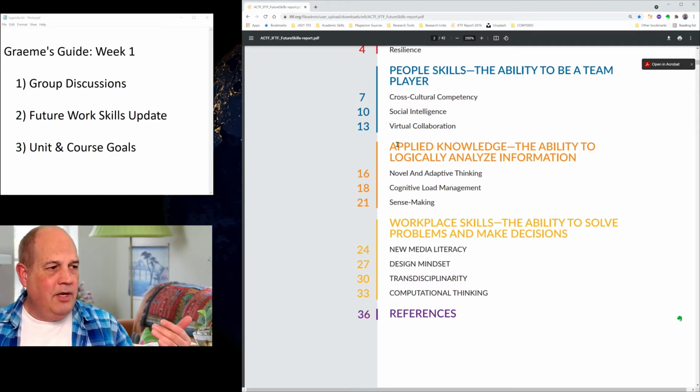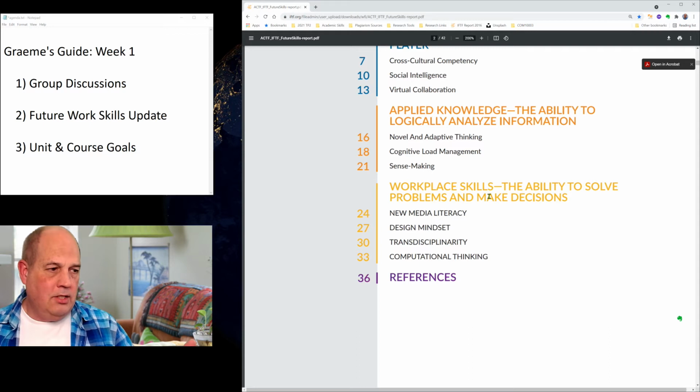And the next three, novel and adaptive thinking, cognitive load management, sense making, well, these are related to applying your new knowledge. And the last ones are more workplace skills, skills that will be useful to you in the workplace. Not that these other skills won't, but these skills relate better to the workplace, such as new media literacy, having a design mindset, transdisciplinarity, and computational thinking.